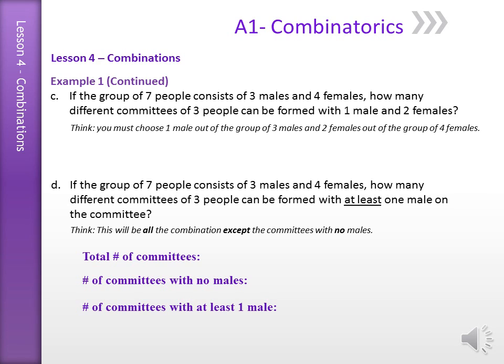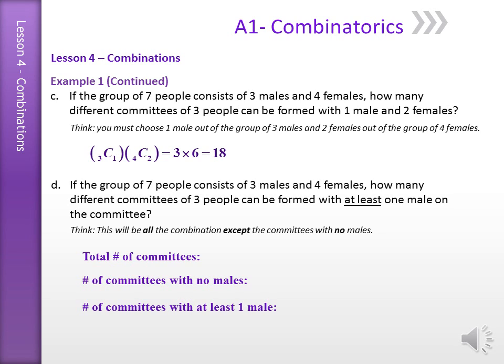First, 3 choose 1 for the males times 4 choose 2 for the females. 3 times 6 is 18. The word "and" here implies times for these questions. 1 male and 2 females means to multiply the two quantities.